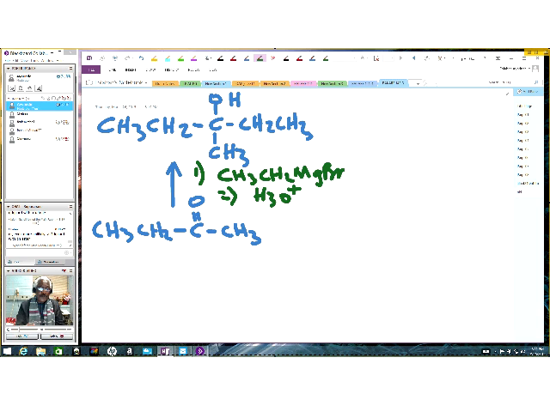Keep in mind what we want to do is a retrosynthesis here, going back from this product to the starting material. Now, if that is the case, then we could say this ketone here, we could obtain this ketone from an alcohol.